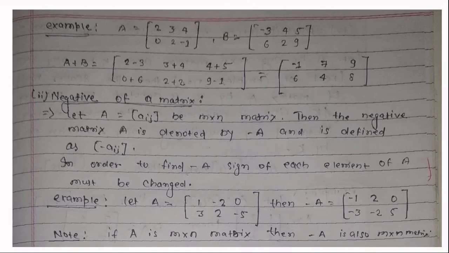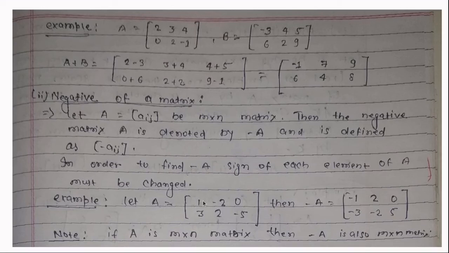Here is an example. Let matrix A be 1, minus 2, 0, 3, 2, minus 5, of order 2 cross 3. Then to make the negative of matrix A, we must change the sign of each element.